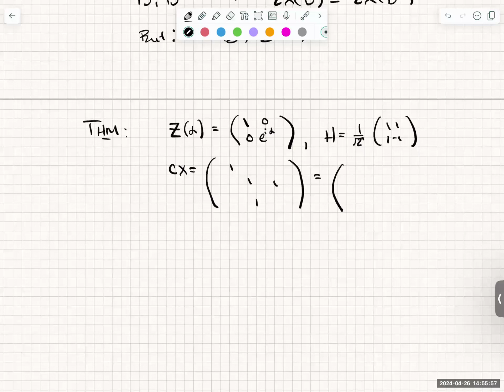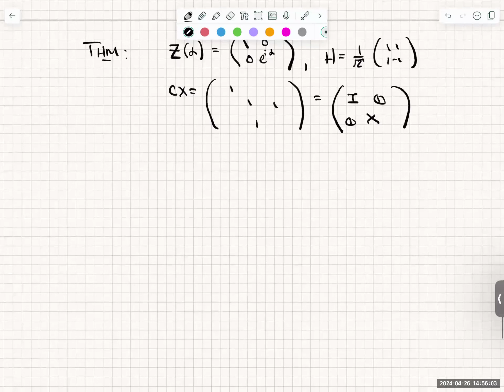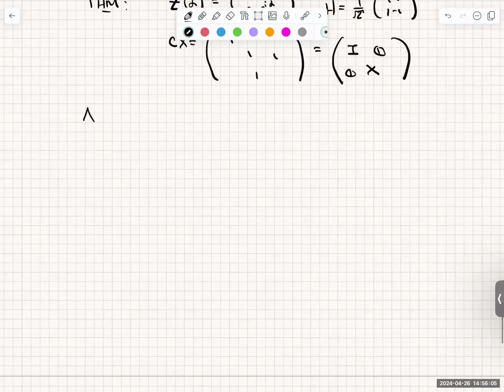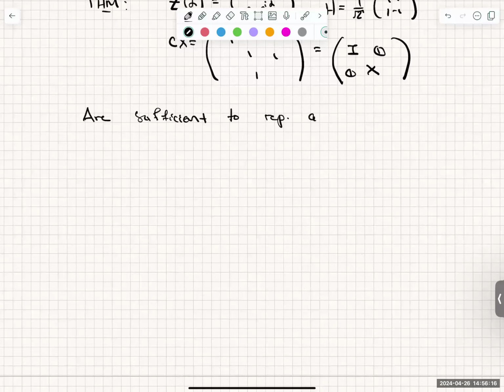For those that remember, this is I, X, 0, 0, something like that. These are sufficient to represent all unitaries on C.